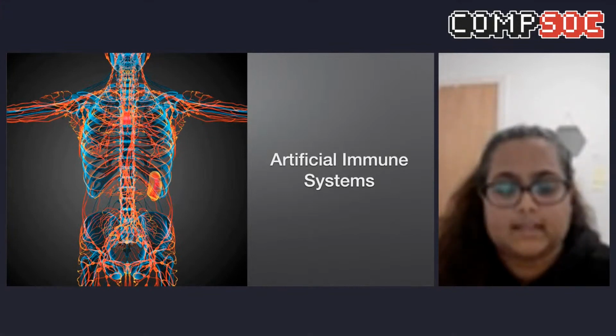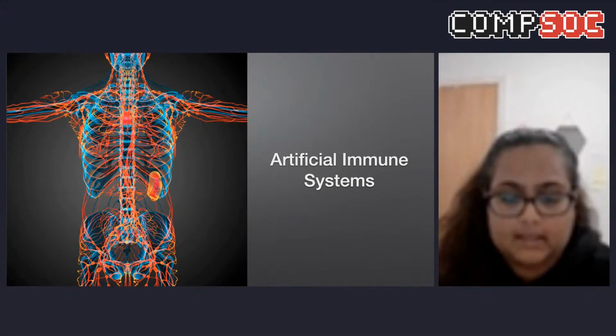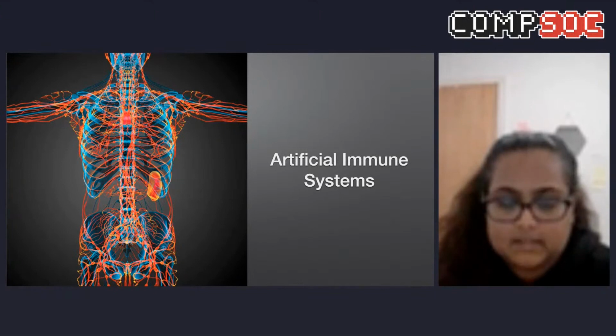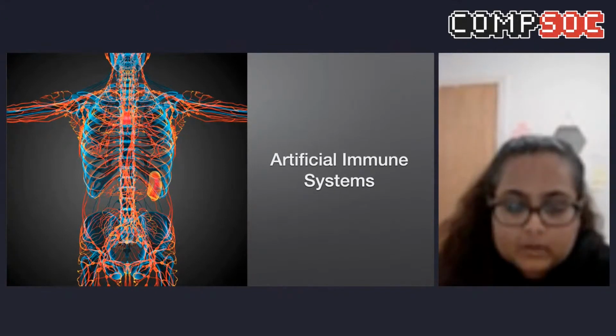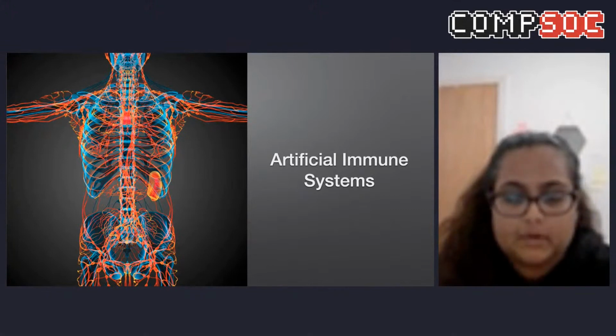So the second one is quite metaphorical in that the aim is to develop algorithms, but rather than blatantly mimicking the immune system, it's used as a source of inspiration. Now, the final one comes from looking at immunocomputing very literally.